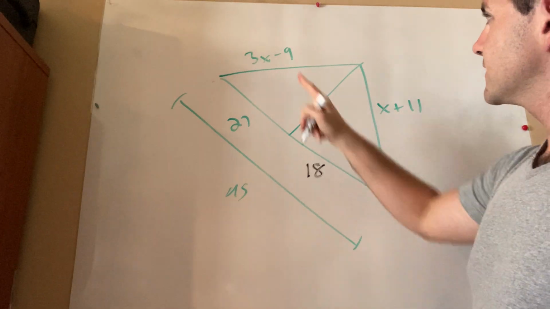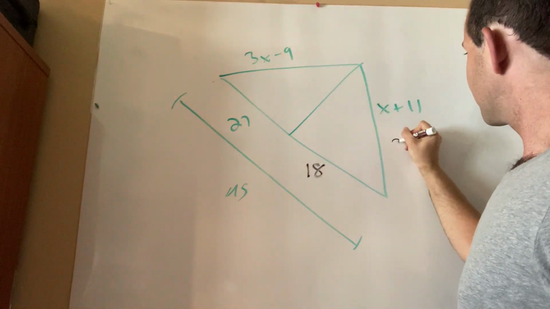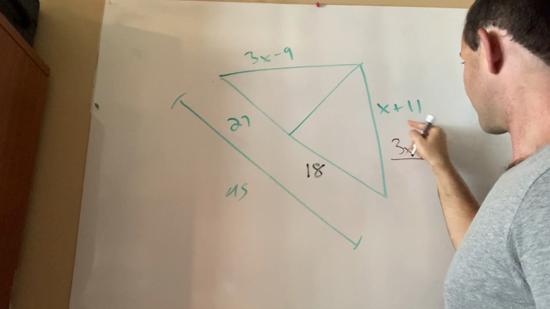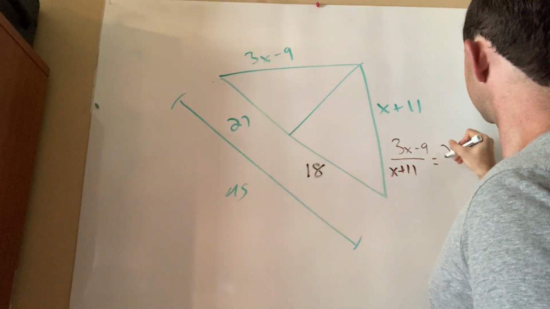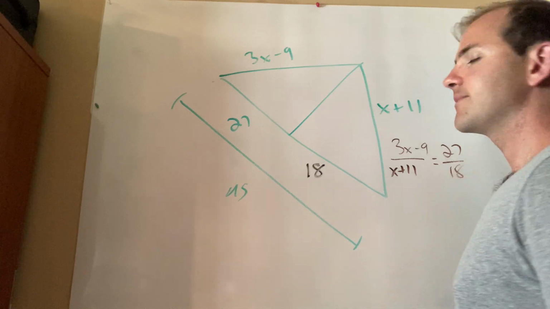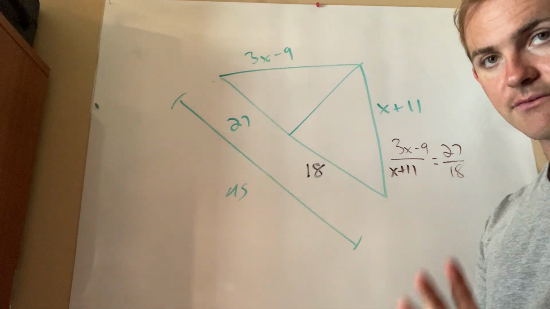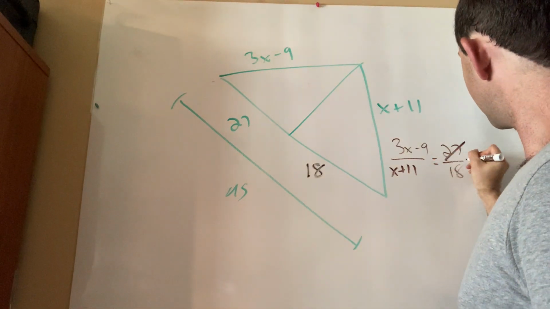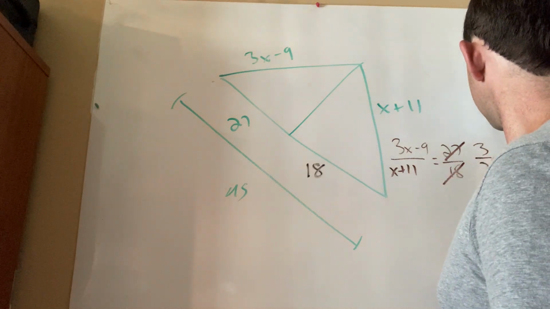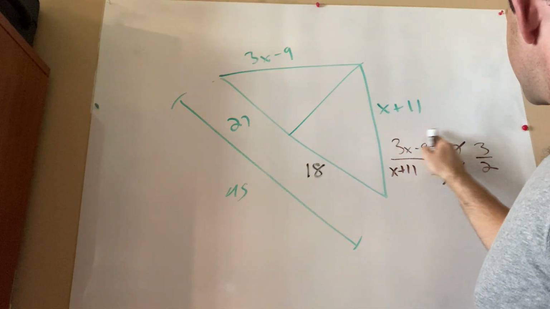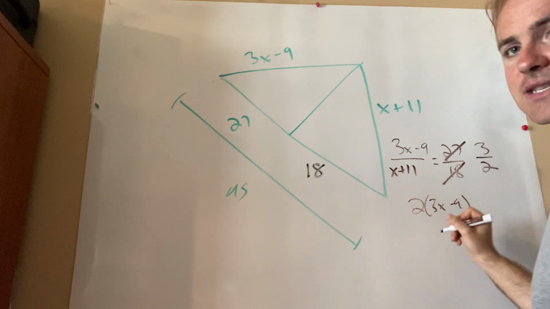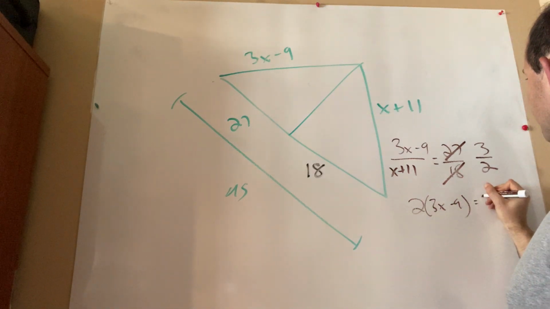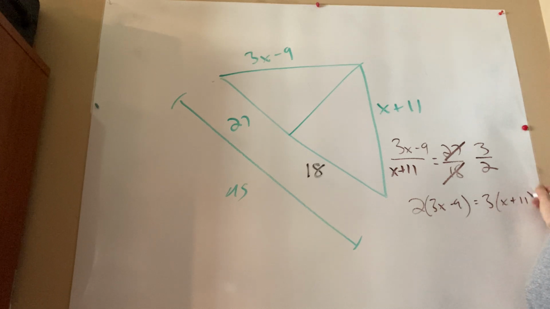Let's go. So outside over outside, so 3x minus 9 over x plus 11 equals piece to piece, 27 over 18. Again, I would strongly encourage you to simplify using a GCF of 9. So that's going to become 3 over 2. Then I'm going to cross multiply. So 2 times (3x minus 9) equals 3 times (x plus 11).